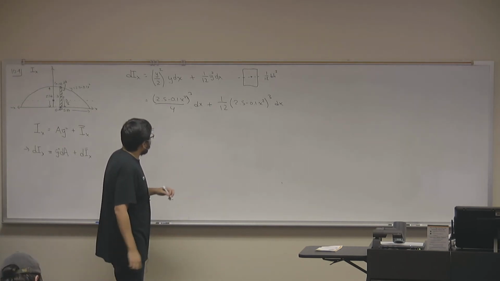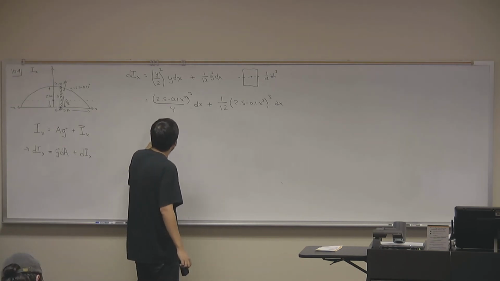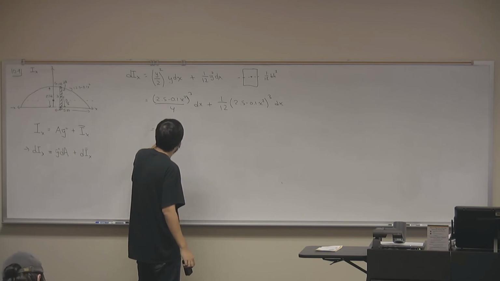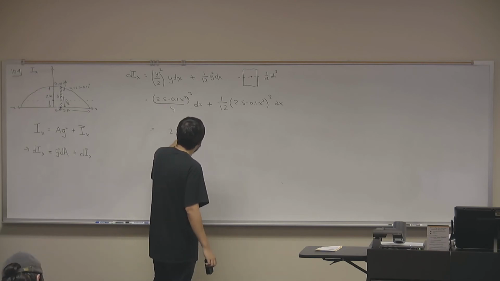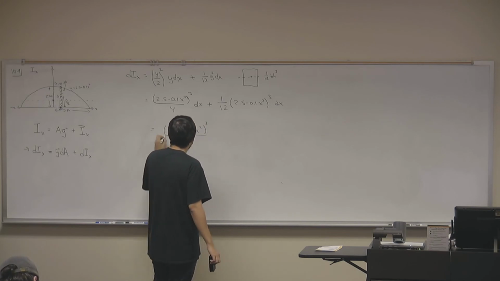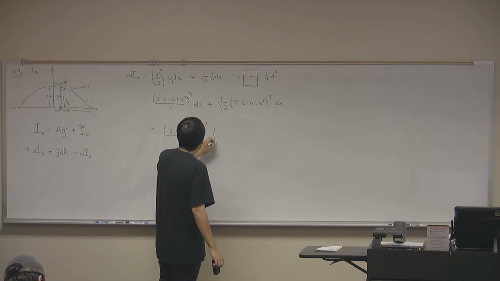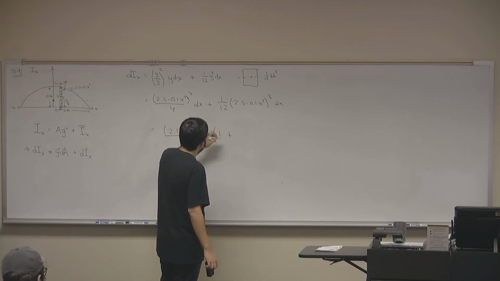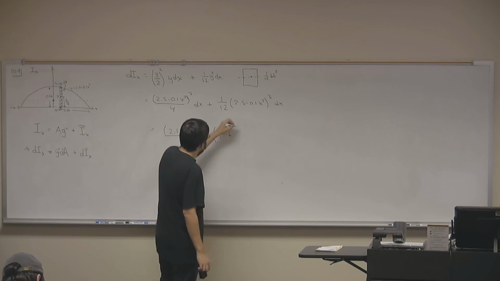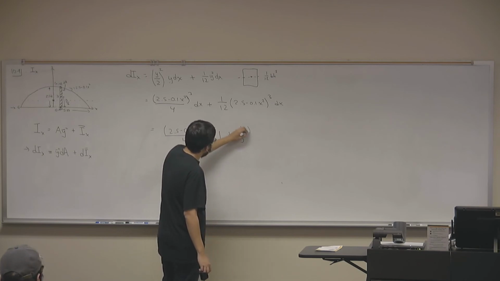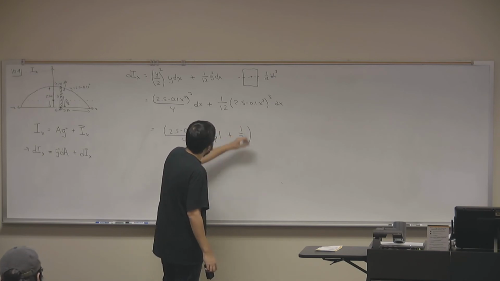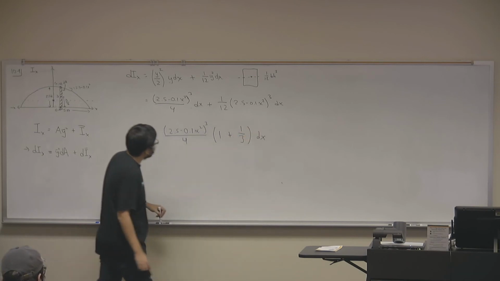Let's factor out, right? We get (2.5 minus 0.1 x squared) cubed over, we can just factor out the 4, times 1 plus 1 over 3, times dx. Is that factorization correct?